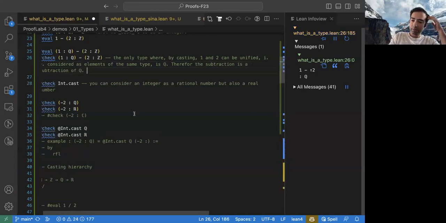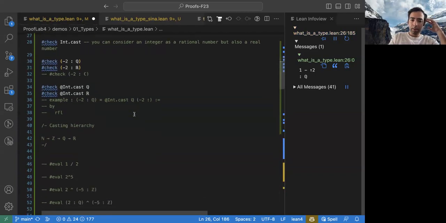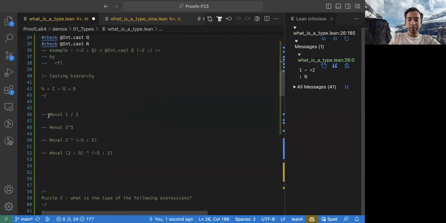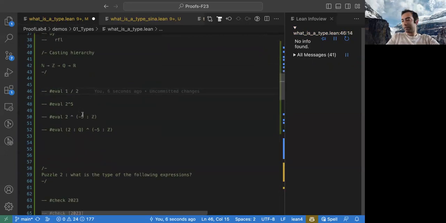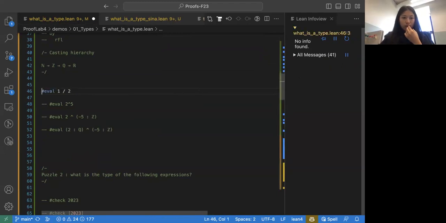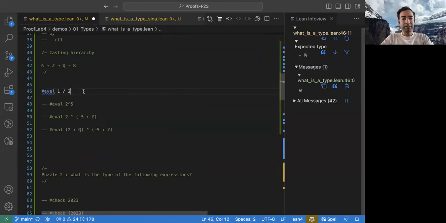Does that make sense? Great. Let's do the next puzzle. Maybe this time Kylie would like to say something about this. I think it would be 0. That's correct.